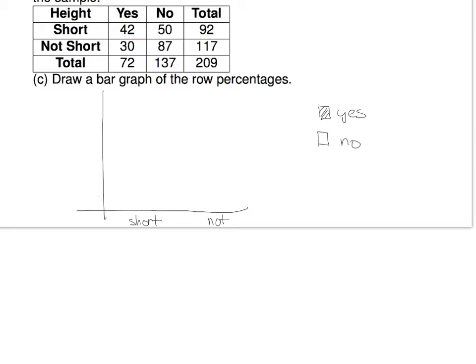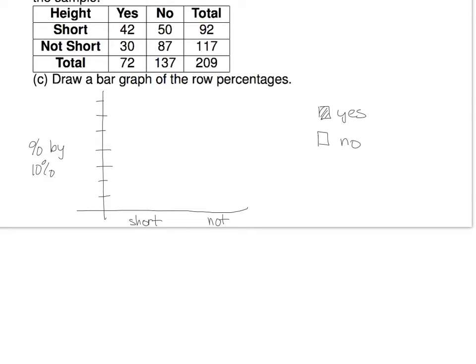And I'm just going to count by tens: 10, 20, 30, 40, 50, 60, 70. So percent by 10%. So what proportion of short kids were bullied? 35.